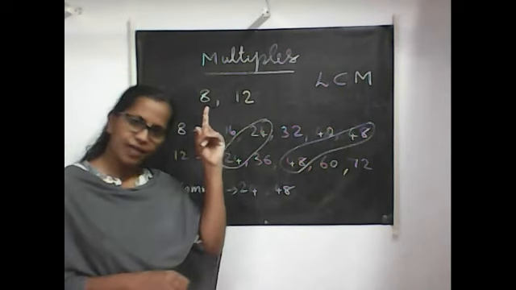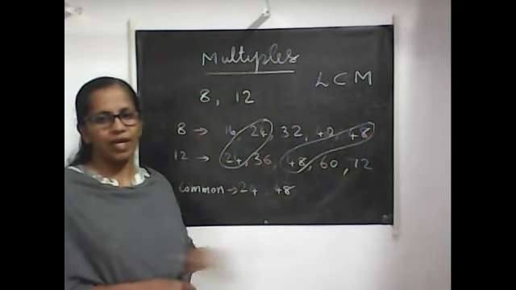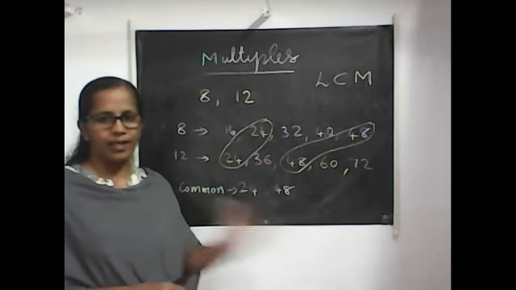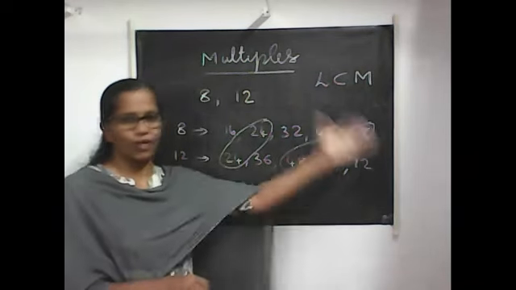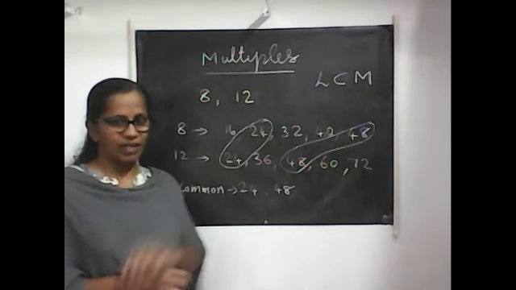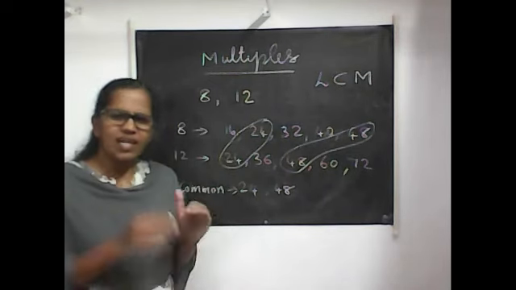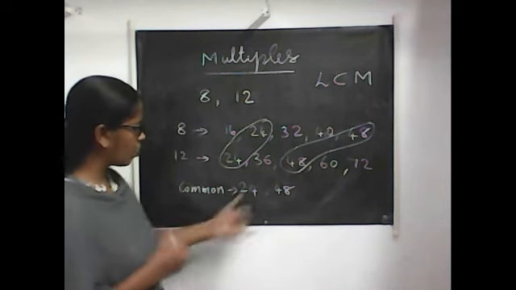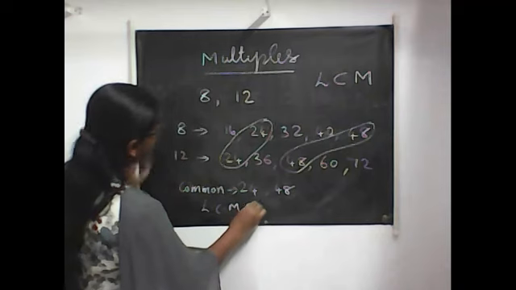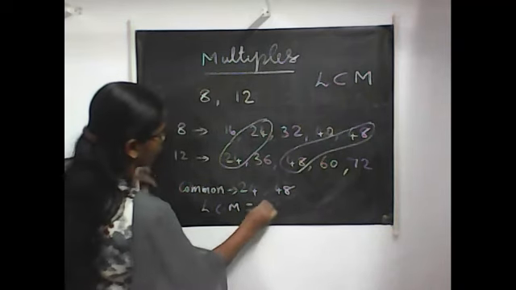In factors we wrote the highest factor; in multiples we write the least one. The highest one we cannot write, because it goes on continuously. So they are asking which is the least common. Least common is 24. So the LCM of 8 and 12 is 24.